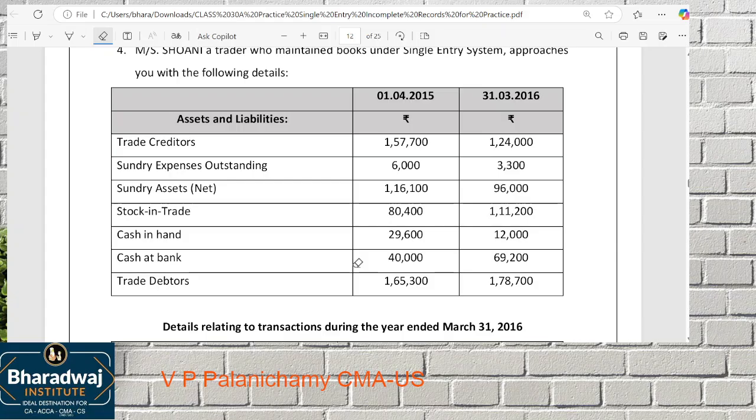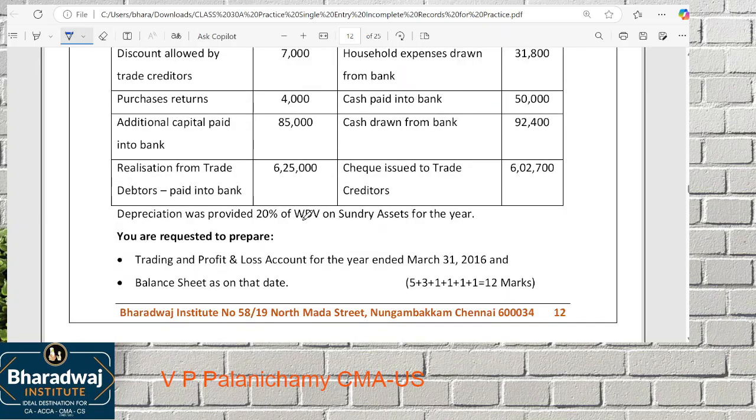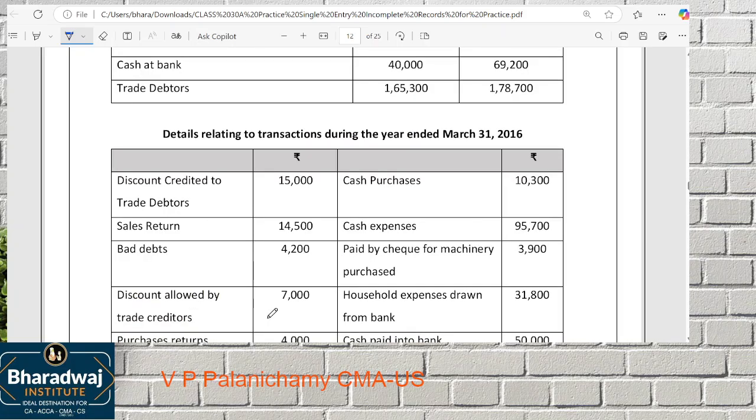Nothing but discount. Allowed by us. Look at the expense. It's nothing but expense for us.